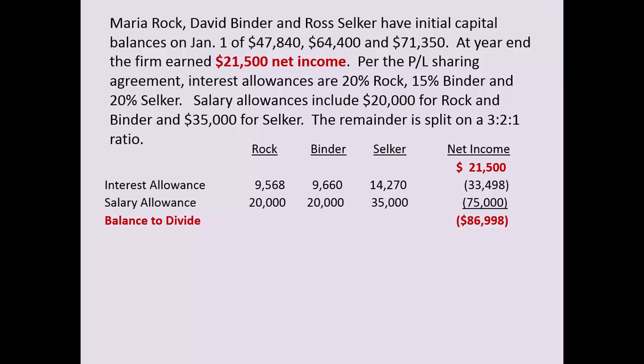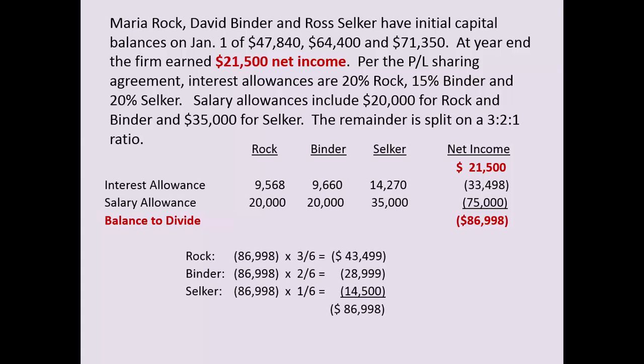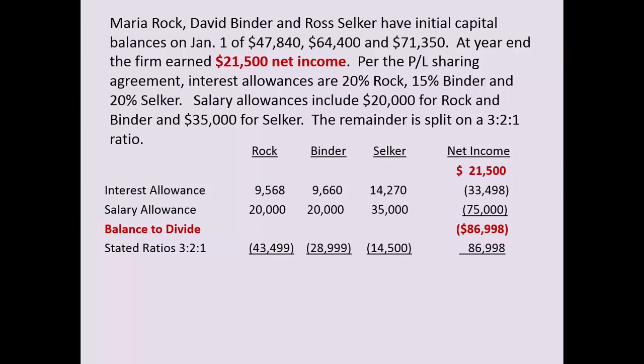This is your source document for the future to prove that you have followed the partnership profit and loss sharing agreement to the letter. Simply take the ratios of that negative number now, and those will be subtractions. So now notice where you had a large net income, Rock had the majority, but because Rock gets the 3/6 or 50% of this based on stated ratios, Rock is bearing the burden of the lower income.